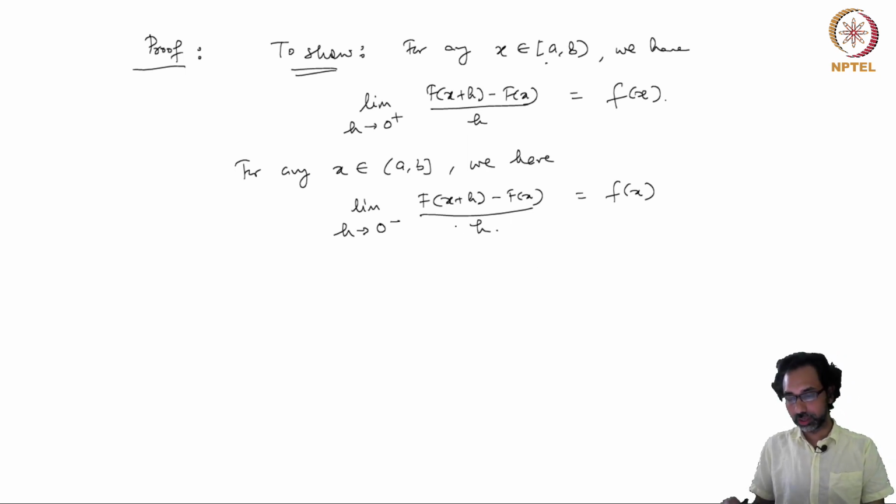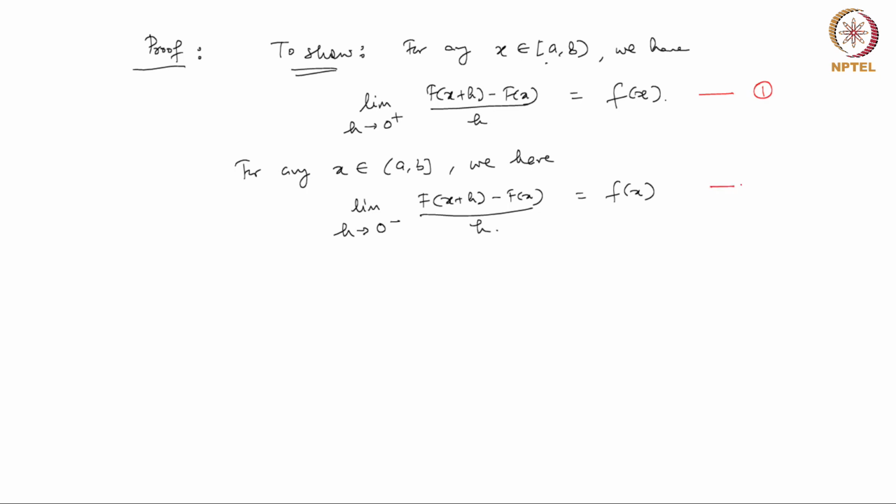We have to deal with these two situations differently, because we have endpoints a and b, and one can only approach a from the right and b from the left. So let's denote the first equation as 1 and the second equation as 2. I'll just prove 1, and the proof of 2 is similar.